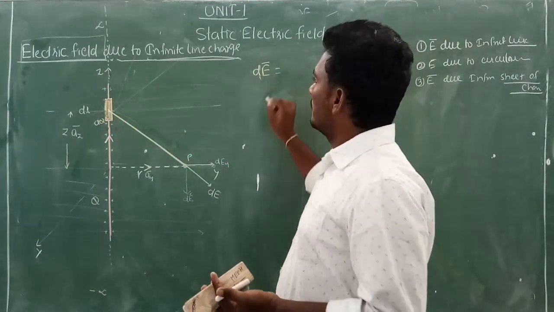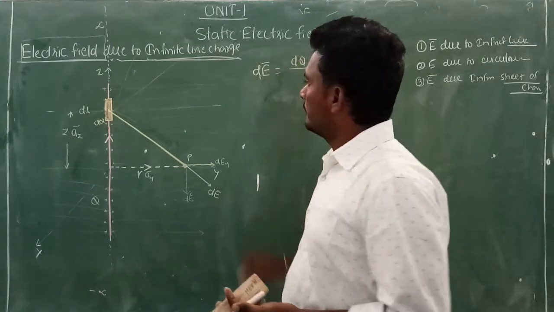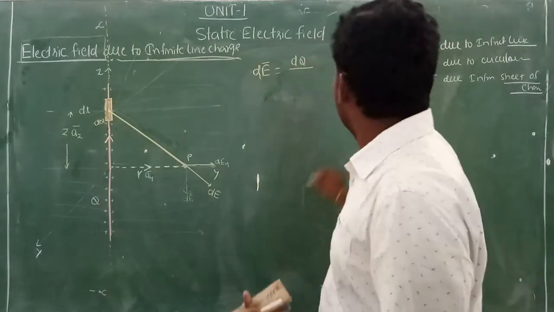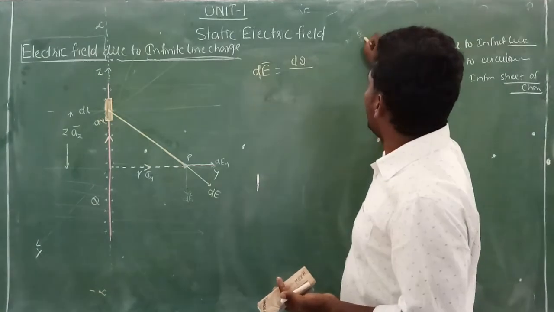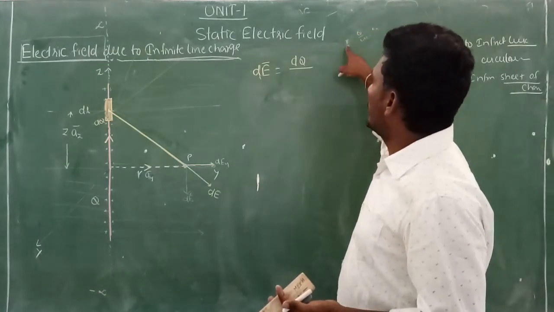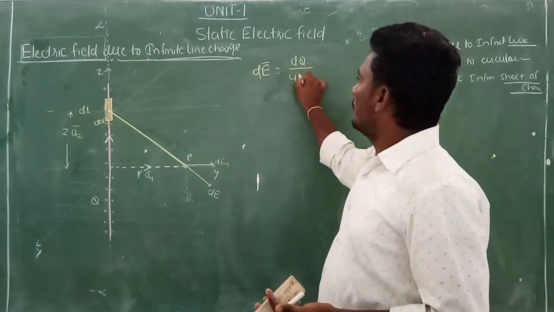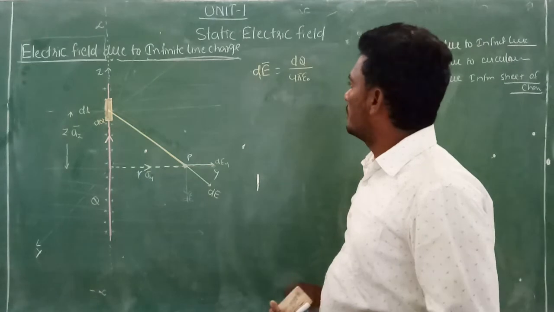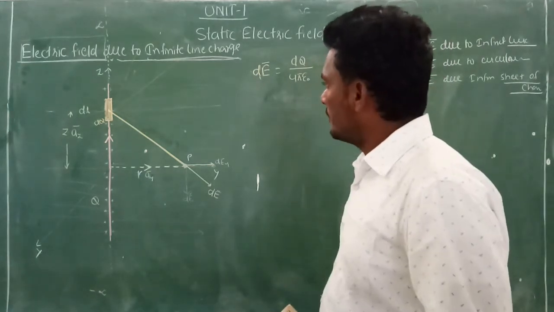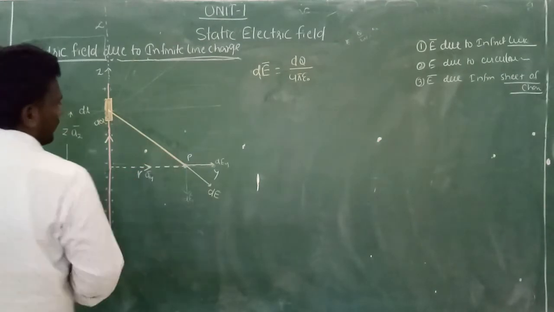It is dq by 4 pi epsilon naught r square, from the q by 4 pi epsilon naught r square expression. So if it is a differential, it should be dE equals dq by 4 pi epsilon naught. And what is the distance between the differential element and point P?